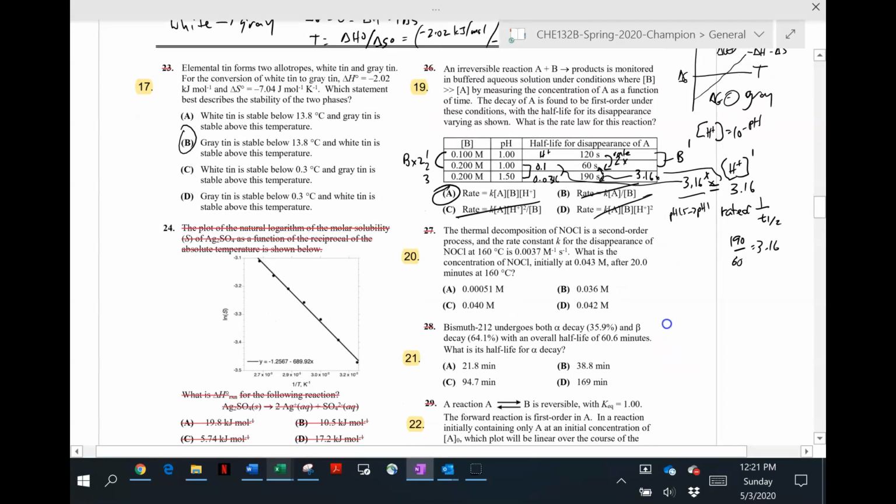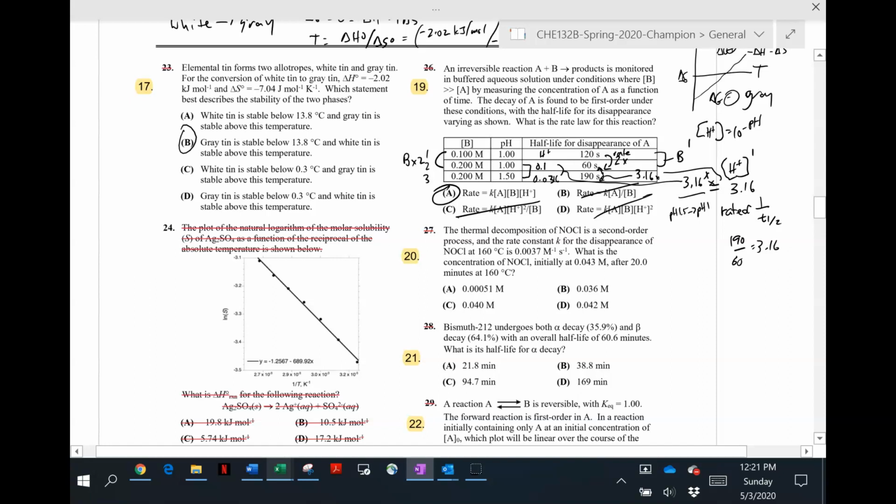All right, so in our next question here, we've got a decomposition reaction. It's second order. We have the rate constant, and we're given the concentration initially, and we have to get the concentration after 20 minutes.